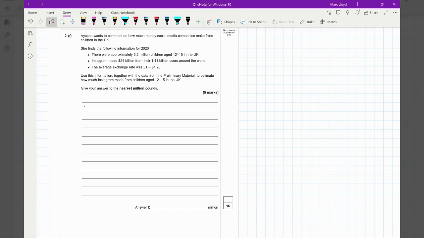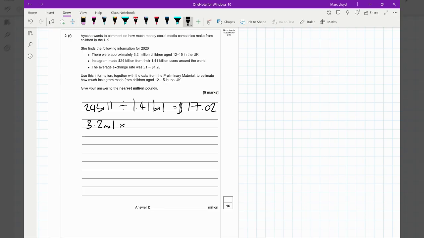So we've got 24 billion divided by 1.41 billion, and then that will tell us roughly how much money they're making from each person, which is 17.02. We're still in dollars. Okay, so that's per user. Right, then how many kids have we got? 3.2 million.